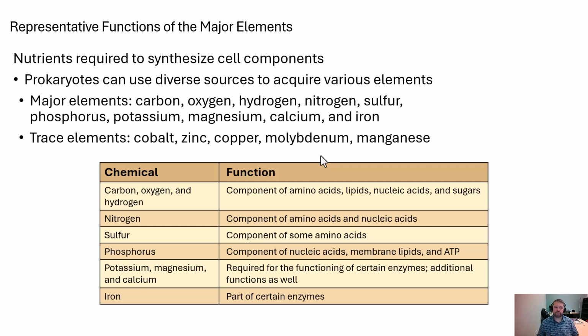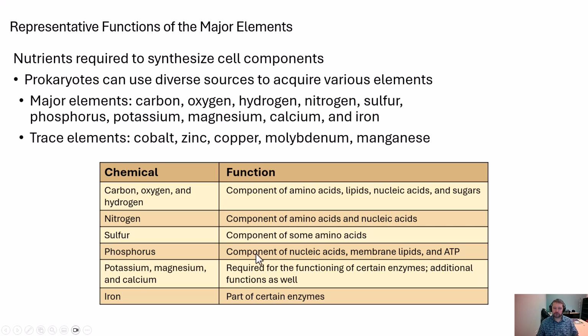Often we see the trace elements are important for those unique pieces, but the major elements are almost always the limiting sources. So if you want to talk about a population's growth being limited by an element, then you can say, well, oxygen or carbon is one of those big ones.